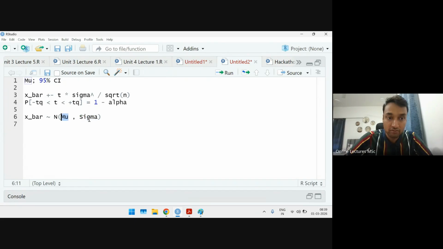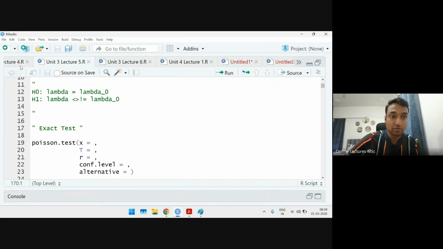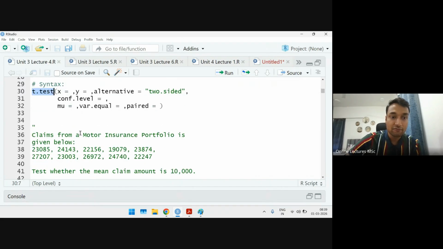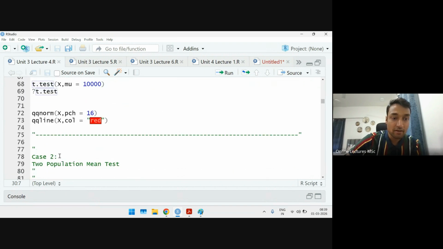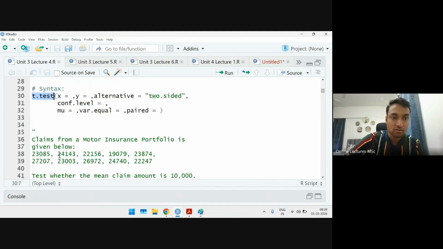Correct. So now I'm starting to question this assumption itself. In this hypothesis testing theory, the very first test we learned, I said X comes from normality. This is the assumption I wrote.